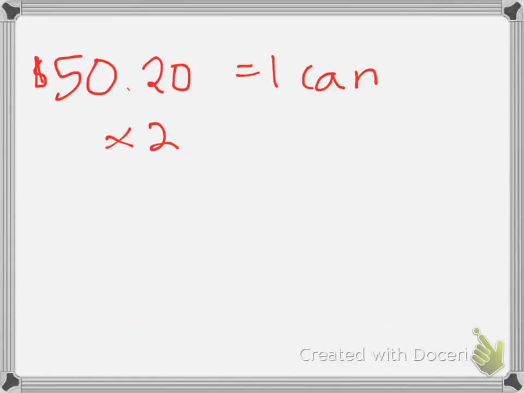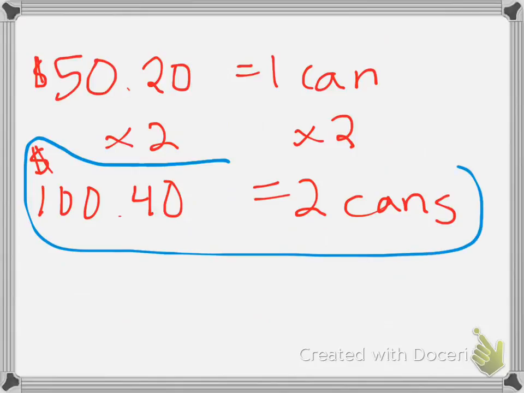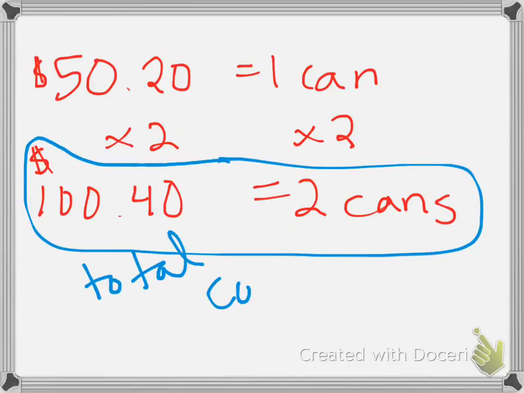So times 2, $100.40 is 2 cans of paint, and we saw from the tag that they already factored in the tax. So that's the total cost to paint the side of that house. Hopefully you're not paying for labor, you can do it yourself.